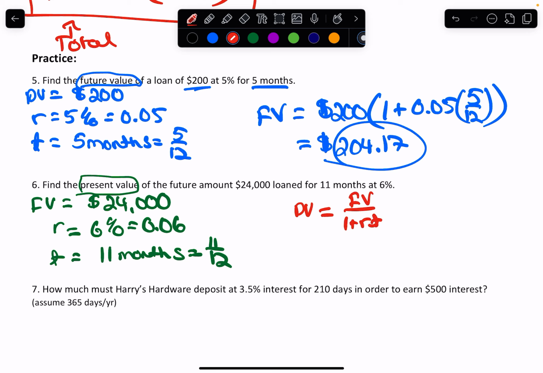So this formula is on that sheet. I'll post the formula sheet on Canvas, so you will have that already to see.